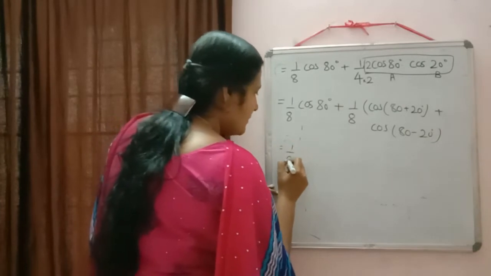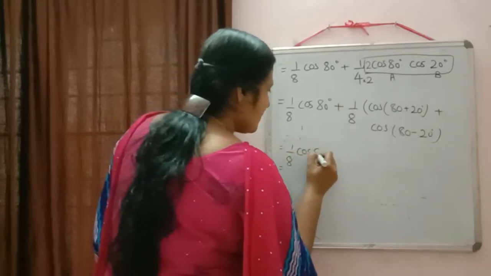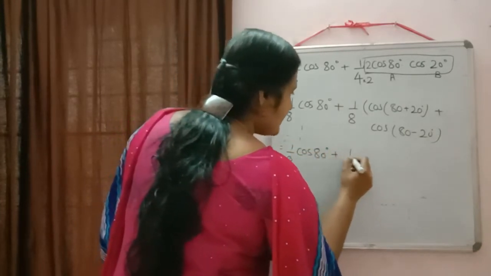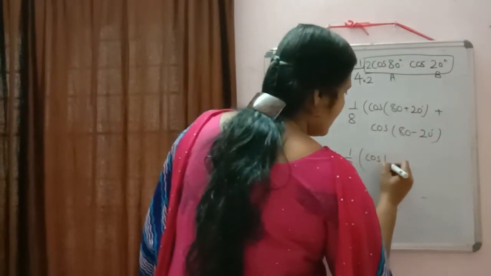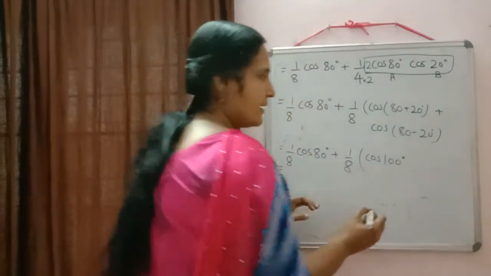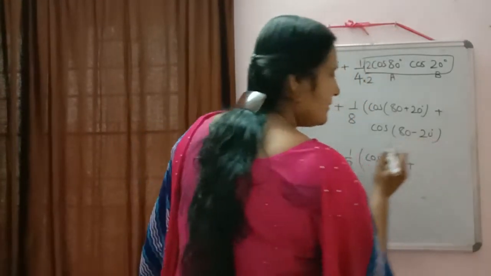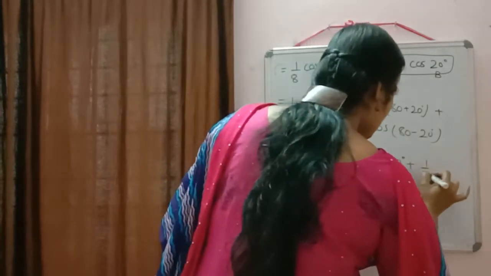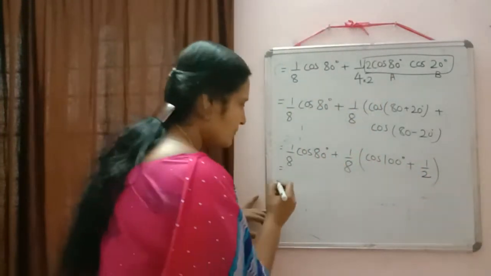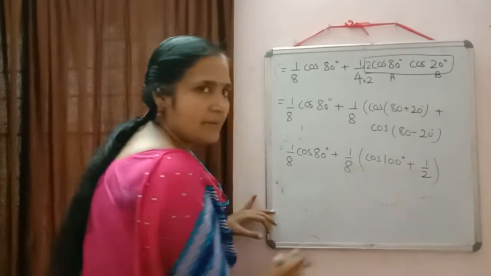So it will be equal to now 1 by 8 into cos 80 degree plus 1 by 8 into cos 80 plus 20, which is cos 100 degree, plus cos 80 minus 20, which is cos 60 degree, and the value of cos 60 degree is 1 by 2. Now we'll multiply that 1 by 8 inside.